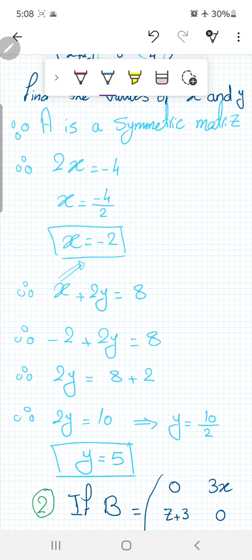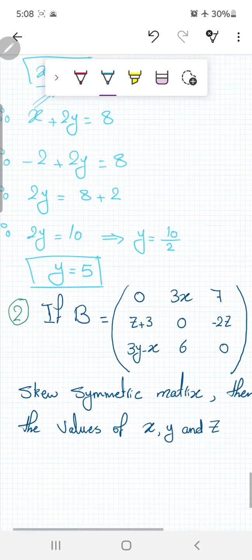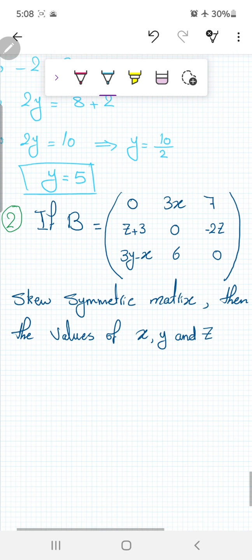Okay, another example. We have B is a skew matrix. Find x, y, and z.